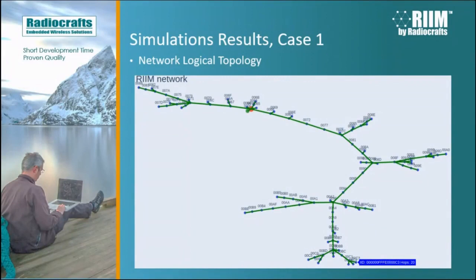Because it's not always that all nodes are just cascaded in a chain, one after the other. Sometimes the mesh decides it's smarter to connect, like here, this chain and then to the main one, and then this branch and the main one. So we found that the furthest and most remote node in this network is 20 hops away from the border router.